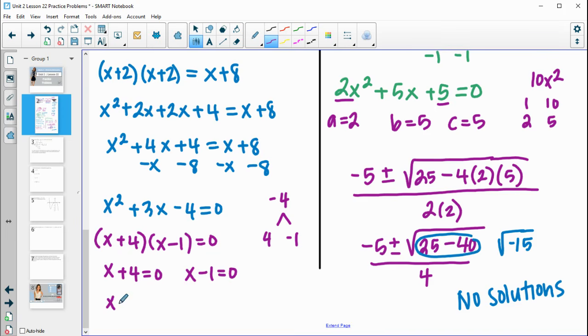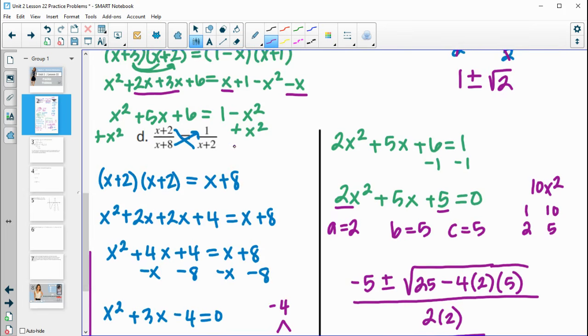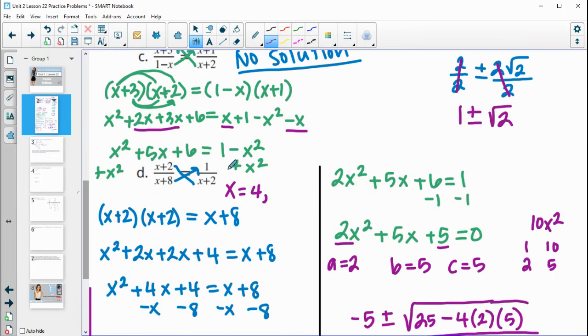So we'll subtract 4 here and we get x equals -4, and we'll add 1 here and we get x equals 1. So now we just want to make sure that we check these solutions back here. And so we got -4 and +1. Neither of those make this denominator 0, so they are both solutions.